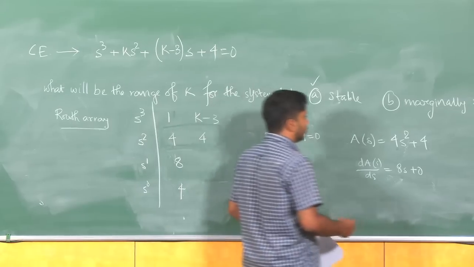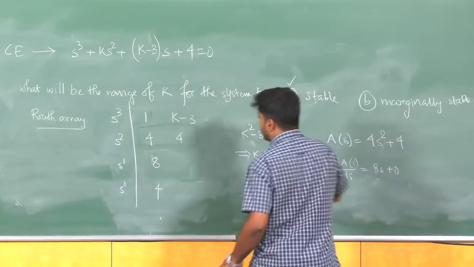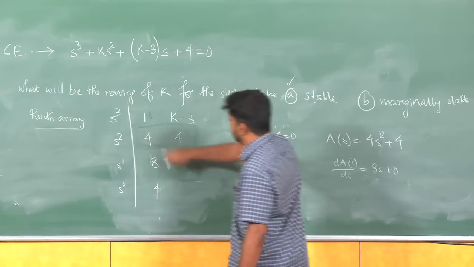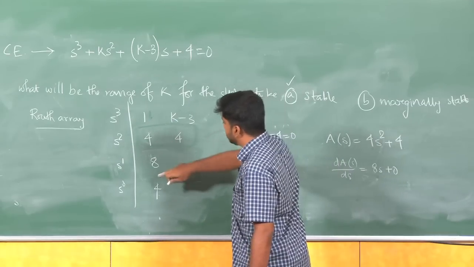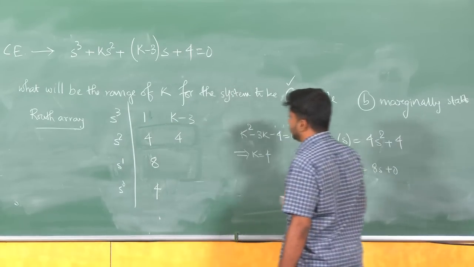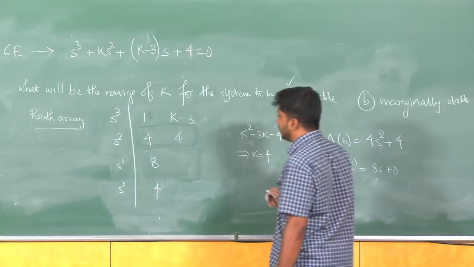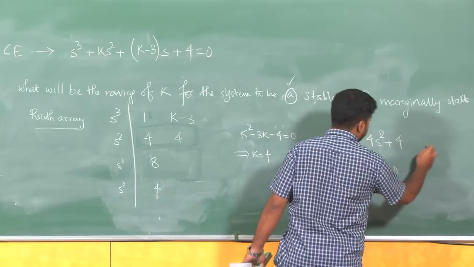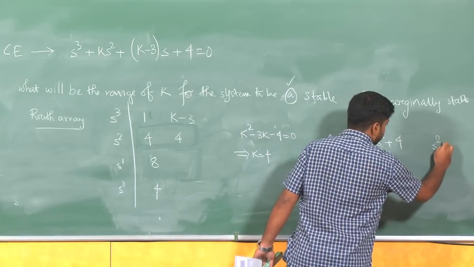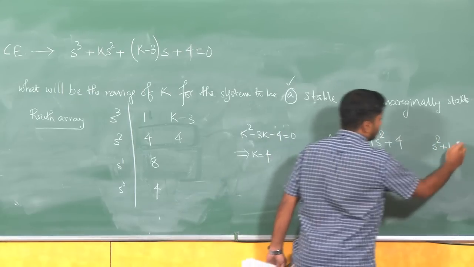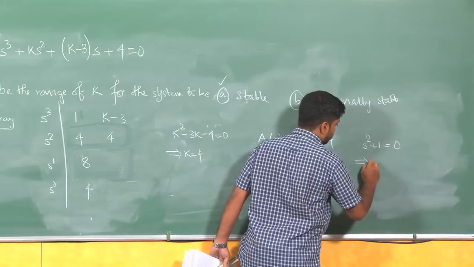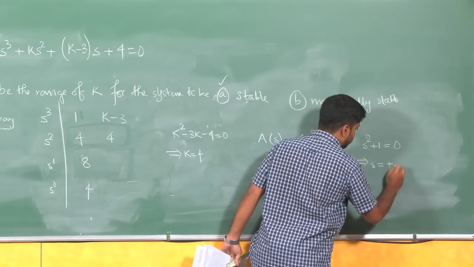Now, we find that all the elements of the first column are of the same sign. So, there are no roots in the right half plane, and the roots of the auxiliary equation s square plus 1, taking 4 common, equal to 0 are s is equal to plus minus j1.